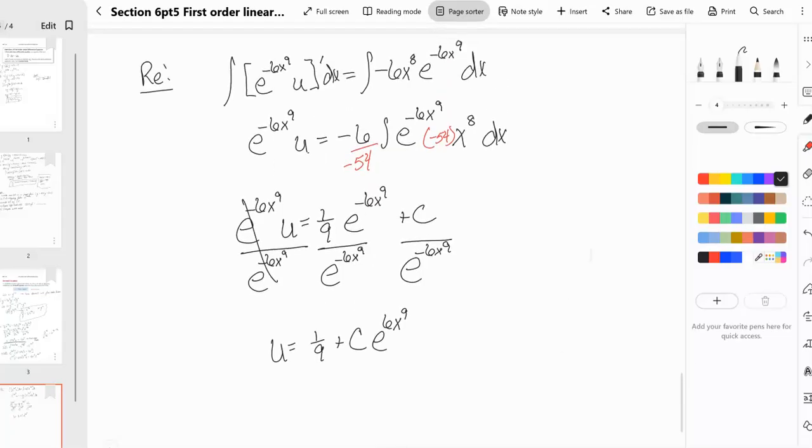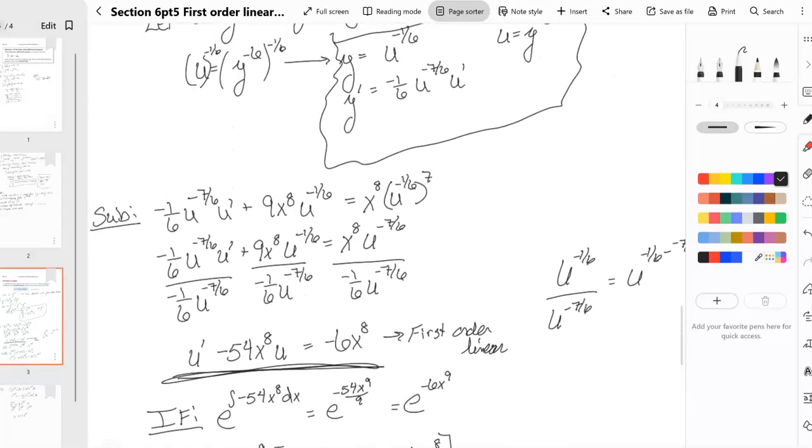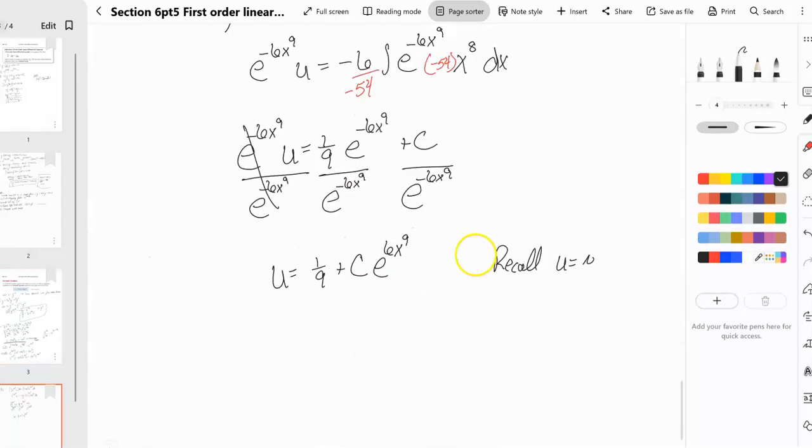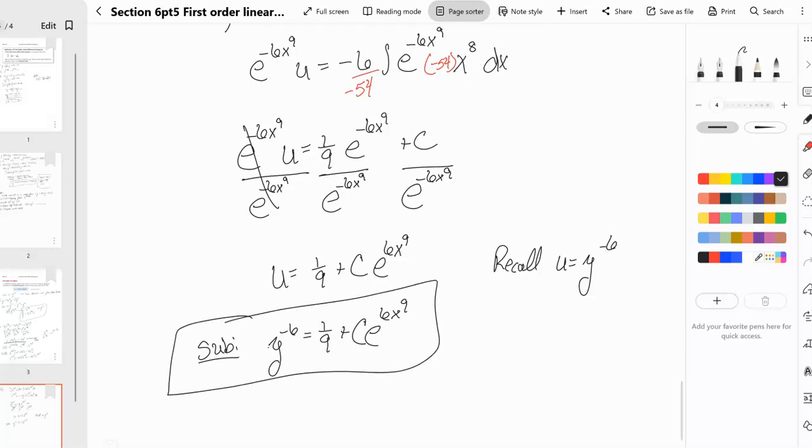So remember, we had a substitution for u. If we go back all the way up here, we said u was equal to y to the negative 6. So we're just going to substitute that in. So y to the negative 6 is equal to 1 over 9 plus c e to the 6x to the 9. So there's my final answer.